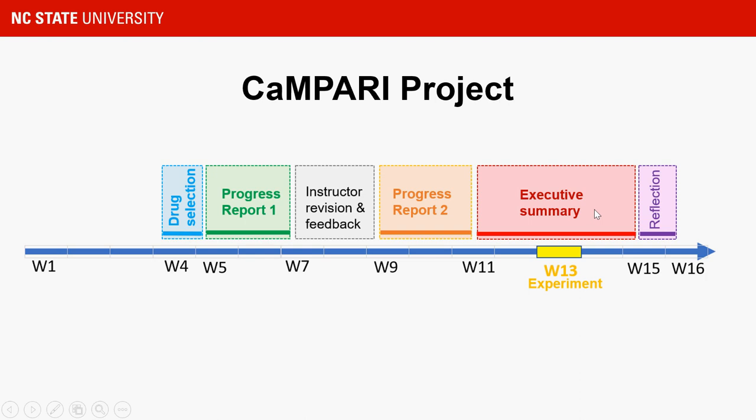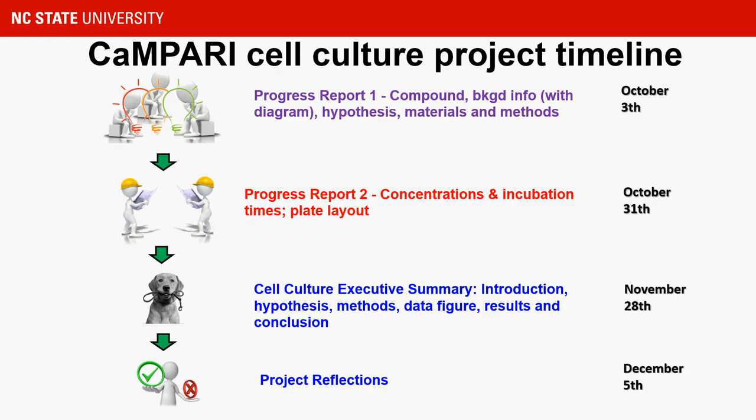And for this CAMPARE project, you also need to work on the summary, which is after you have conducted your CAMPARE experiment. And finally, you have a reflection on how this CAMPARE project helped you to understand all the concepts. So this is the due dates and the components of each report or the executive summary.